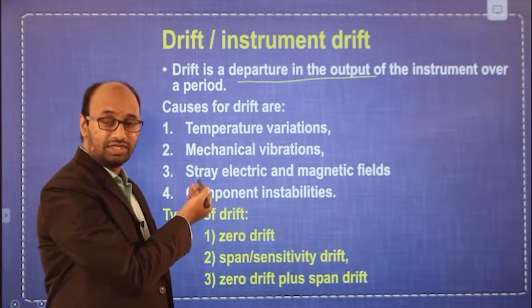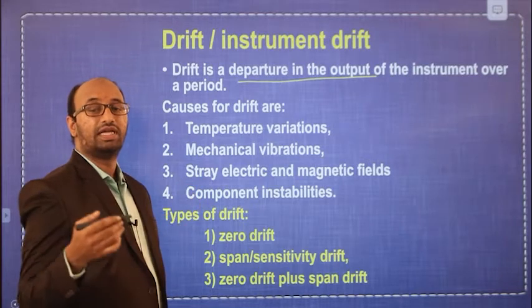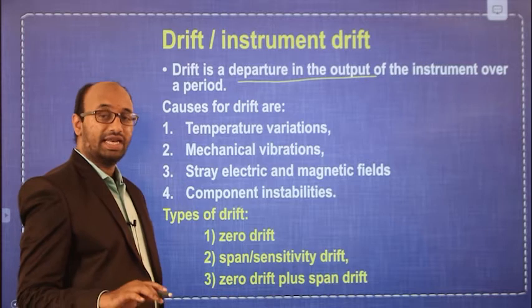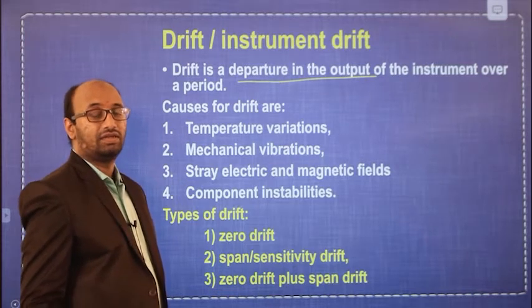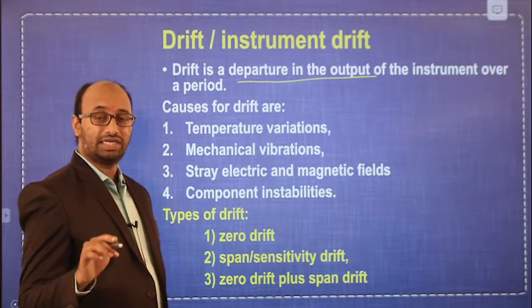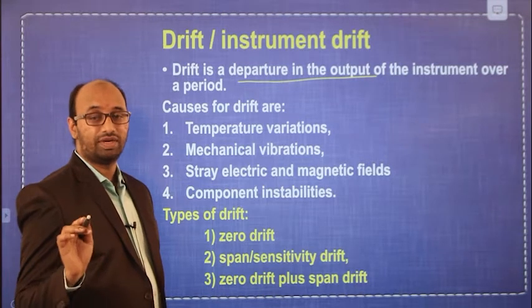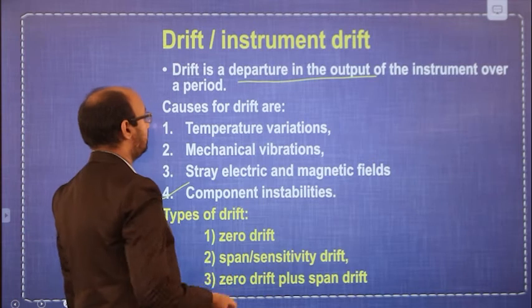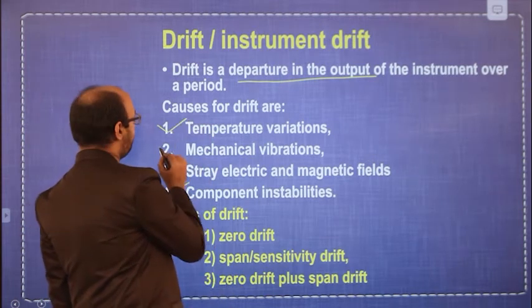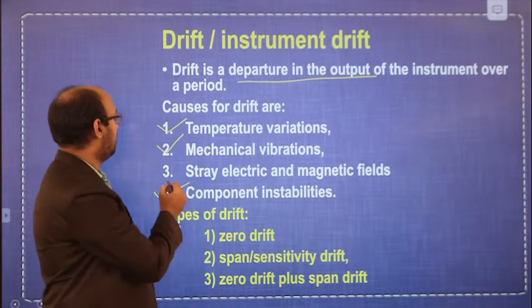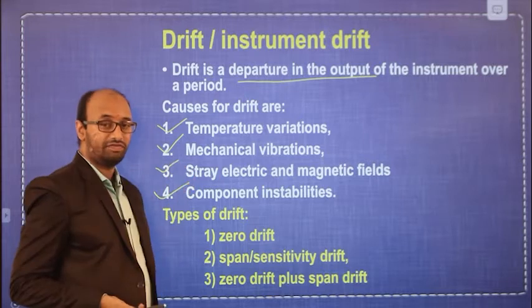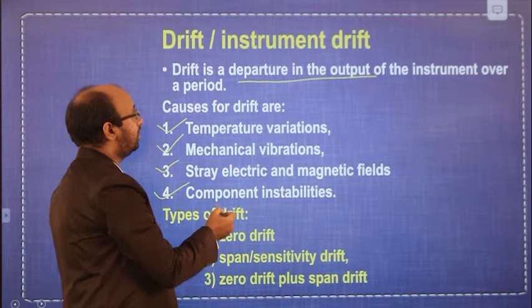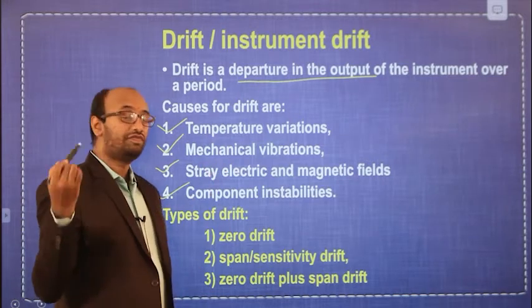The reasons for this departure in the output are component instabilities, temperature variations around the instrument, mechanical vibrations inside the instrument, or stray electric and magnetic fields around the instrument. If any of these four exist, it results in drift in the output.